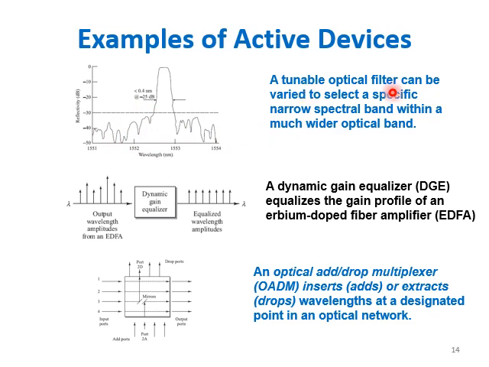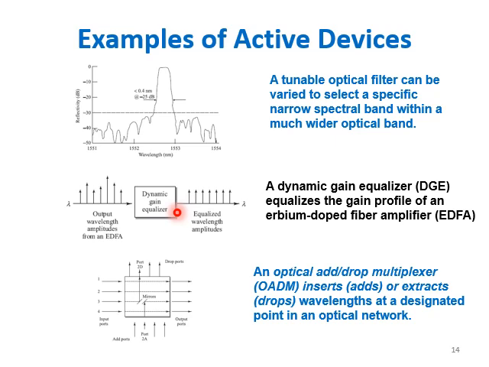The next concept is the dynamic gain equalizers. A dynamic gain equalizer is used to reduce the attenuation of individual wavelengths within the spectral band, and these devices can also be called DCE, that is dynamic channel equalizers, or dynamic spectral equalizers.